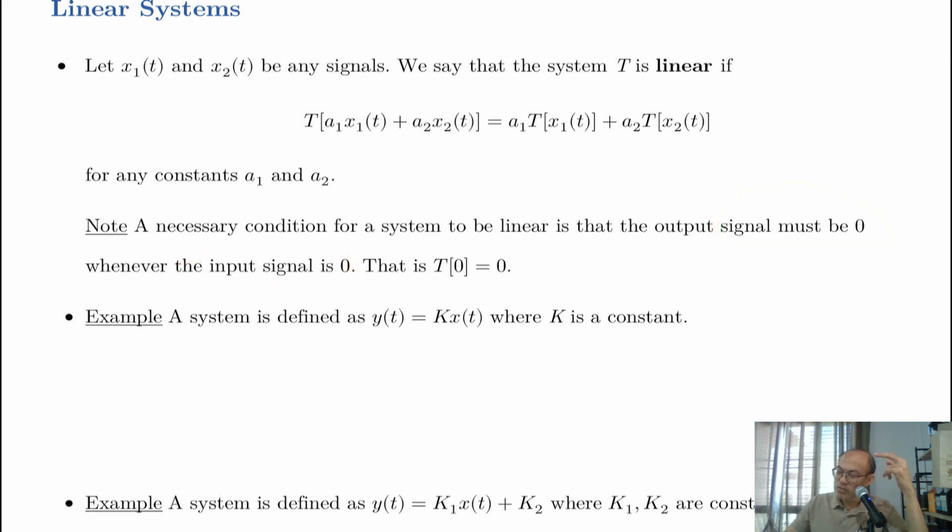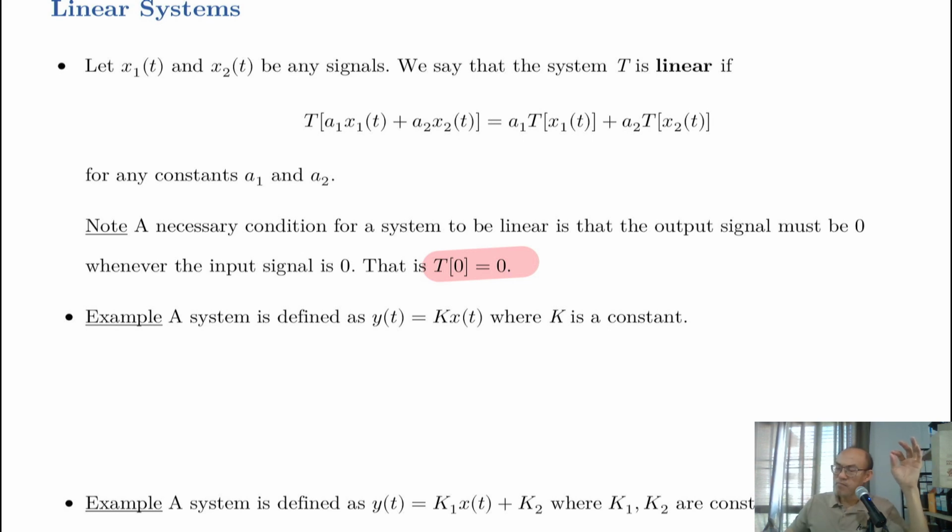So the necessary condition for a system to be linear is this equation. If we give a 0 signal to a linear system, the linear system has a 0 signal output. Nothing else. The response to a 0 input signal has to be 0.